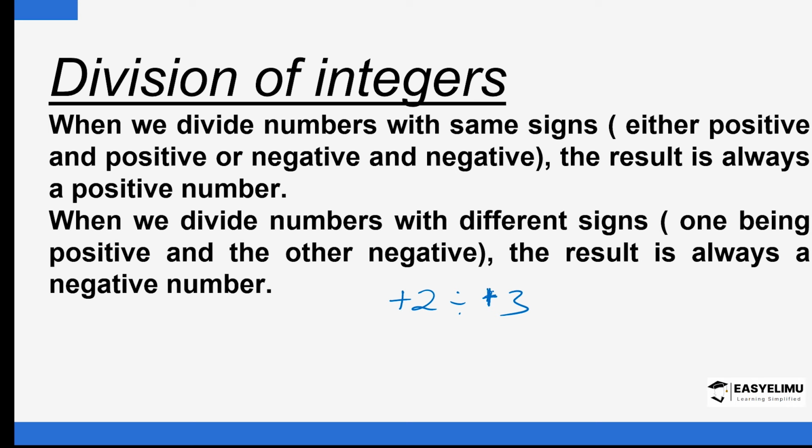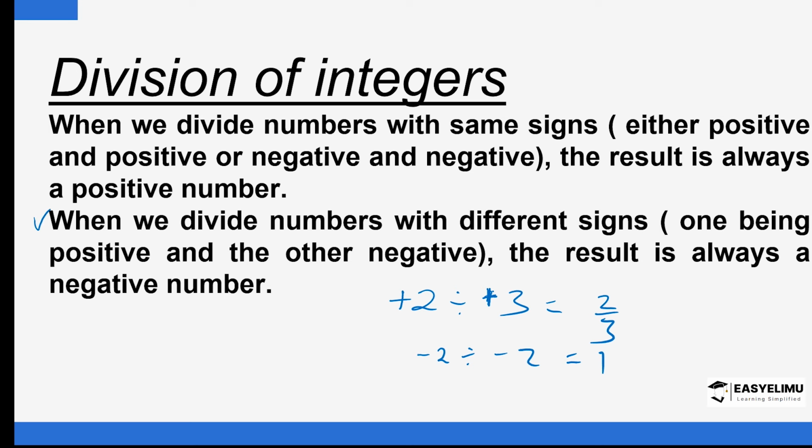When we divide numbers with the same signs, either positive and positive or negative and negative, the result is always a positive number. So this one here is 2/3 positive. You can have -2 divided by -2, 1. See, signs are the same. So every time you're dividing numbers with the same sign, remember that the answer is supposed to be positive.